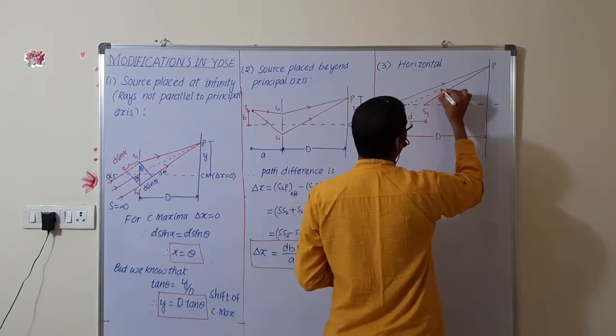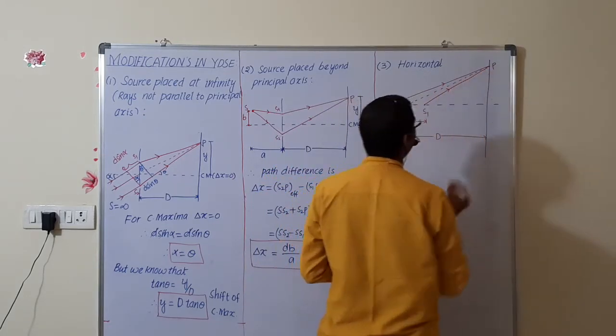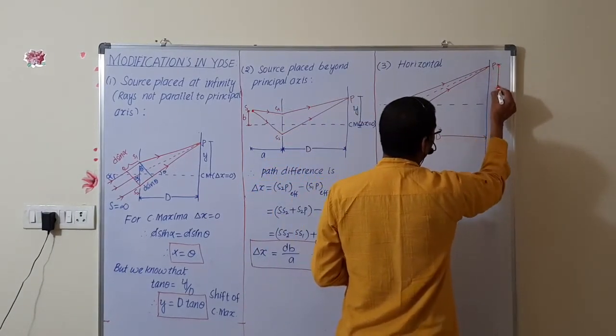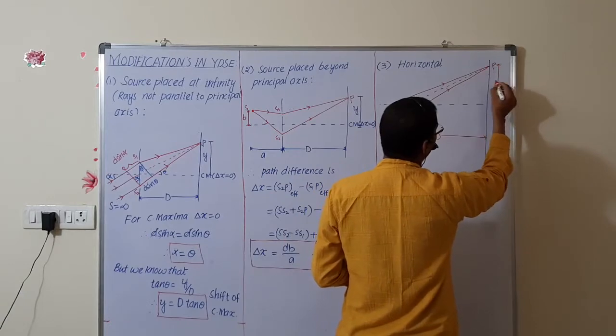If I take the center value also, I can take like that. Now the distance from here to this principal axis, then we can say it is a y value.